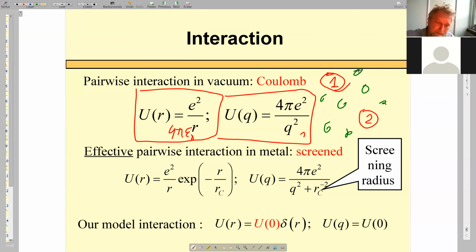So this interaction becomes of finite radius. It is multiplied with this exponent, which strongly suppresses the Coulomb potential at distances bigger than this screening radius.